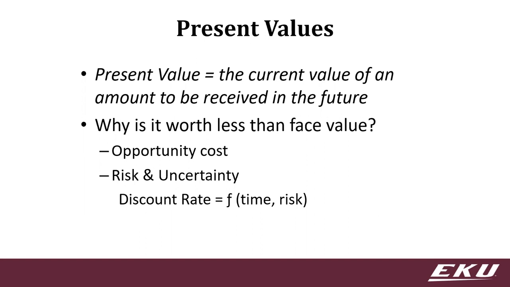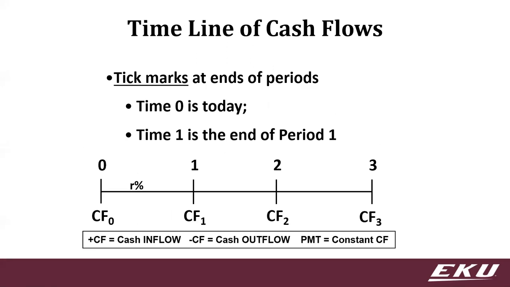And so it's better oftentimes to have it today than to have it at some point in the future. And then again, the same type of calculation, but remember, we've got those cash flows in between. Those payments in between are going to be zero for us right now, but we'll introduce some later.